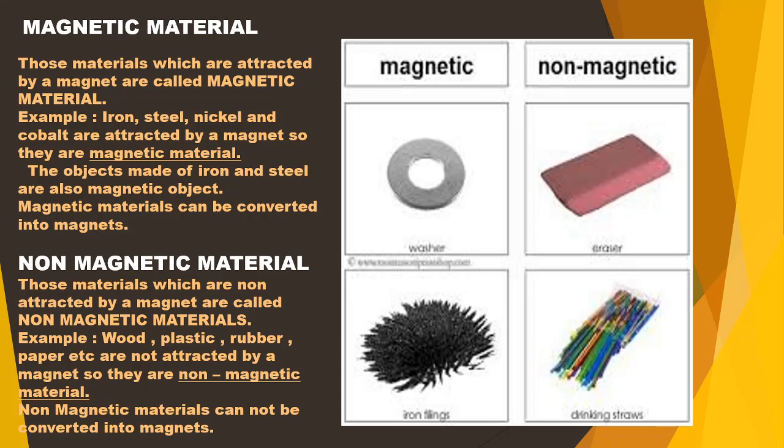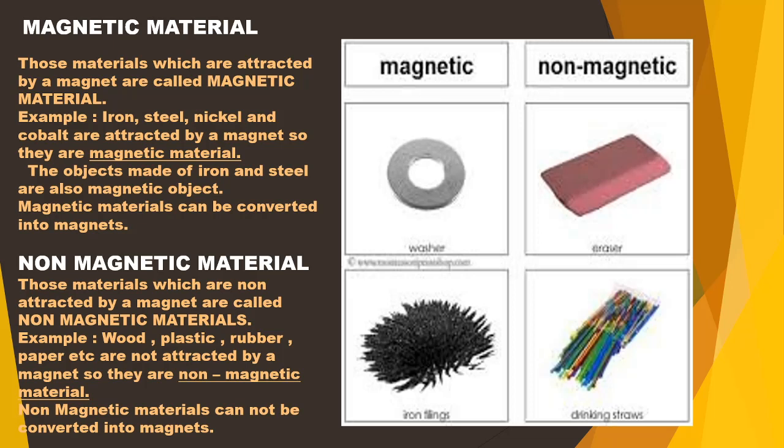And any object which is made up of iron, or say steel utensils, whichever is made up of steel, is a magnetic object. And any magnetic material can also be converted into a magnet.